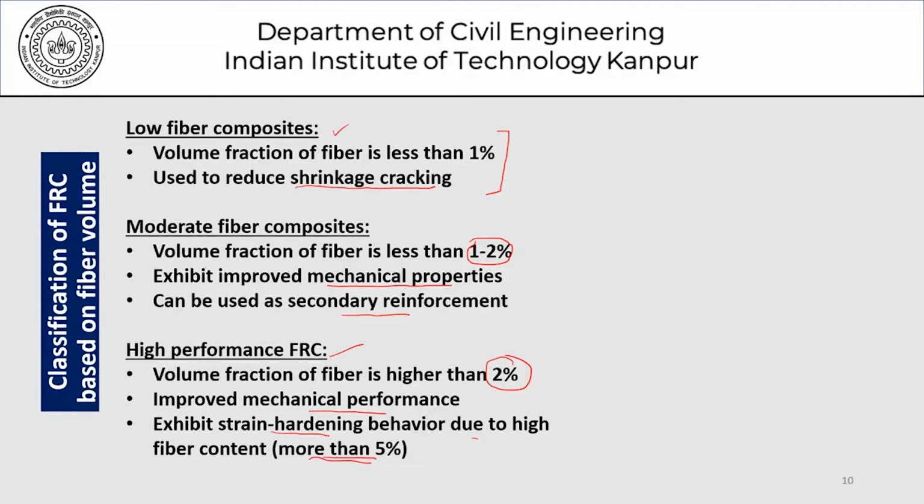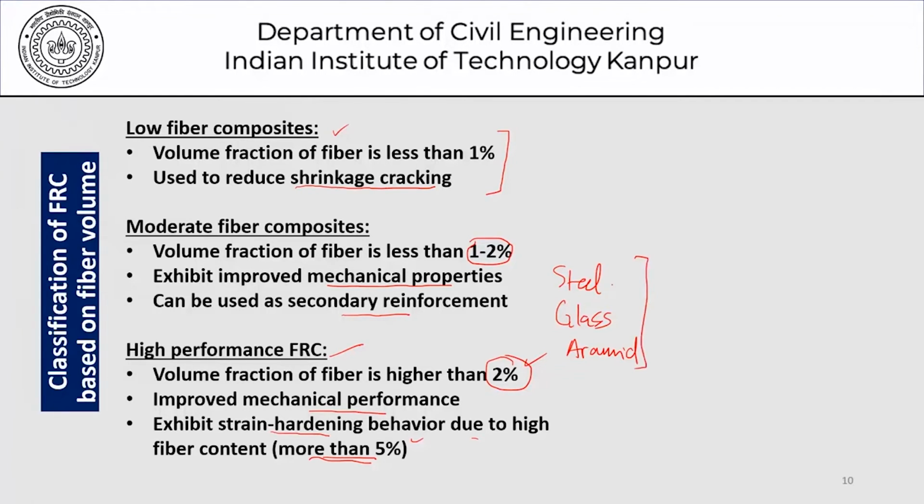Now these numbers cannot be hard and fast rules or prescribed with too much rigor, for the simple reason that the change in properties also depends on the nature of fibers being used. So if you're using steel fibers, glass fibers or aramid fibers, these numbers could be quite different.